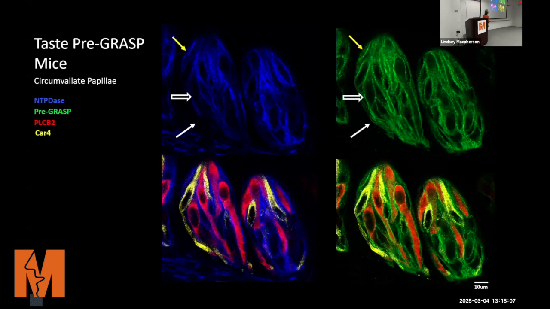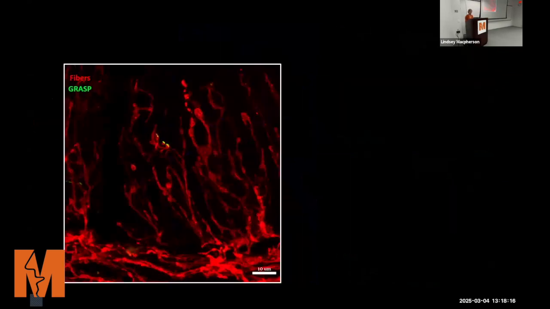So in this mouse, we have a version where pre-GRASP is expressed in pretty much all of those taste receptor cell types, and we have seen GRASP happening at contact. This is an example where the red is labeling the gustatory neurons innervating the CV here.